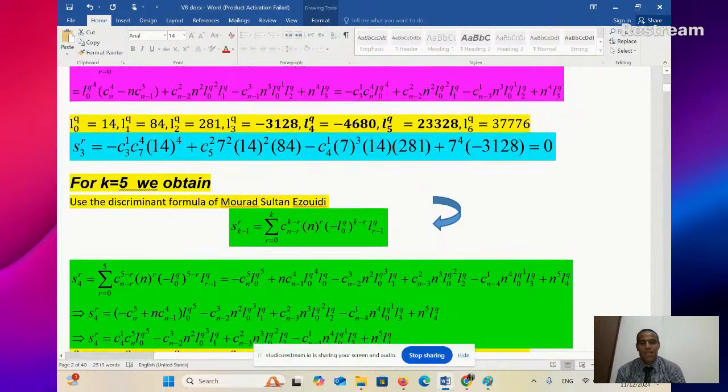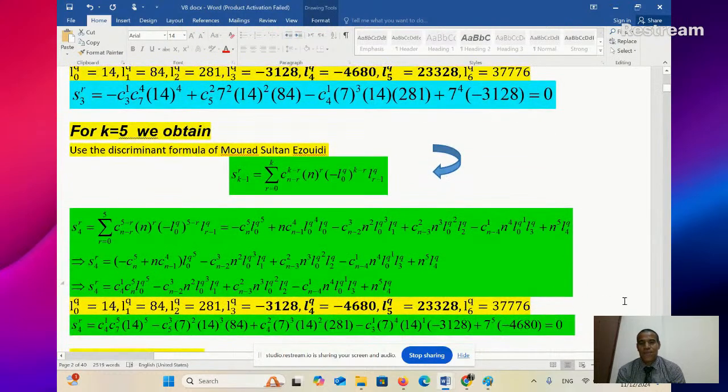So after calculating or expanding this formula when k equals 5, I will obtain immediately S4 equal the last part, which is combination 4 choose 1 times combination n choose 5 L0 for 2 to the power 5 minus combination n minus 2 choose 3 n squared L0 for 2 to the power 3 times L1 for 2 plus combination n minus 2 choose 2 n cubed L0 for 2 squared times L2 for 2 minus combination n minus 4 choose 1 n raised to the power 4 times L0 for 2 raised to the power 1 times L3 for 2 plus n raised to the power 5 times L4.